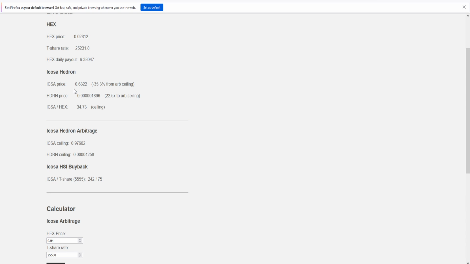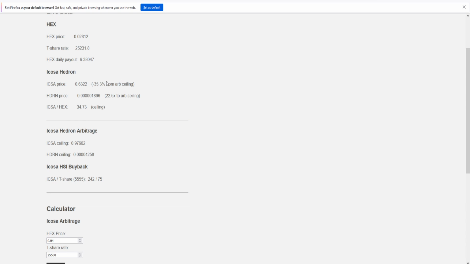Now if you have the same stake for $1,000 and you sell the Icosa you receive for your stake, you could only get $650. So 35% less.